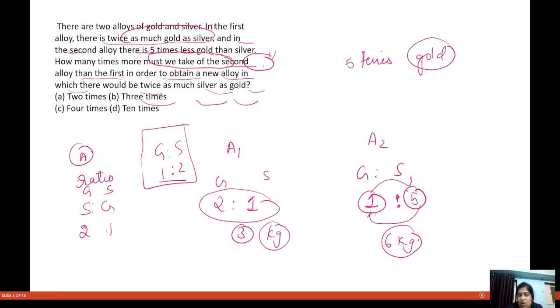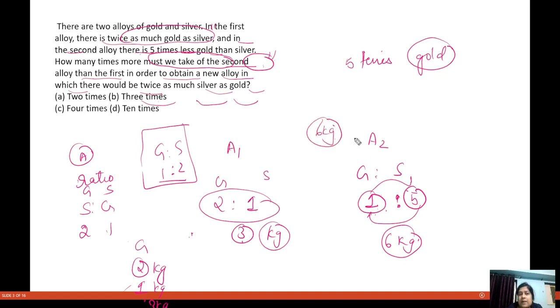Fine. Now see, if we are taking 3 kg of this alloy, so we are getting gold equal to 2 kg, and if we are taking 6 kg of this alloy, we are getting gold equal to 1 kg. So total gold we are getting here 3 kg. And if we are taking see, we are taking 6 kg of this alloy.